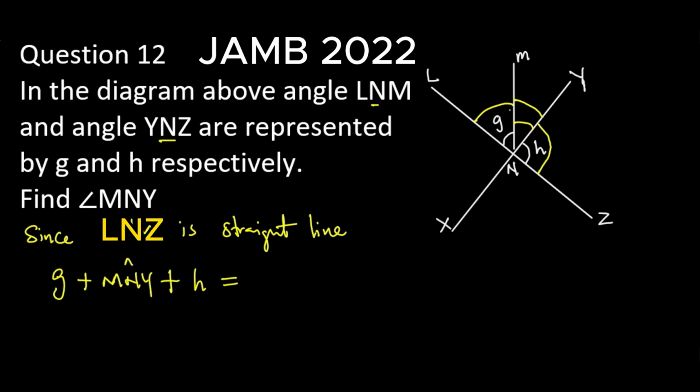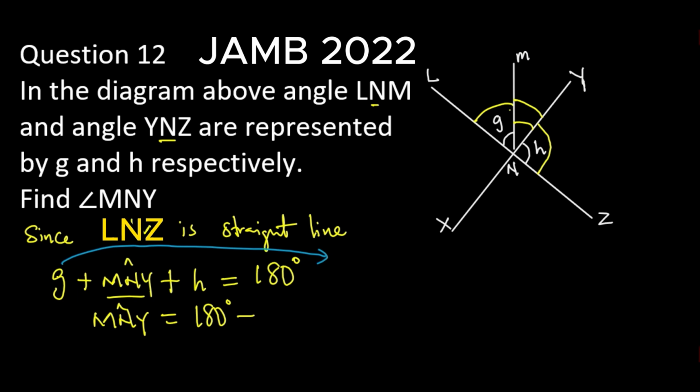So MNY now is equals to 180 degrees minus G, you take the H to the other side, minus H. That gives you the final answer, option A.